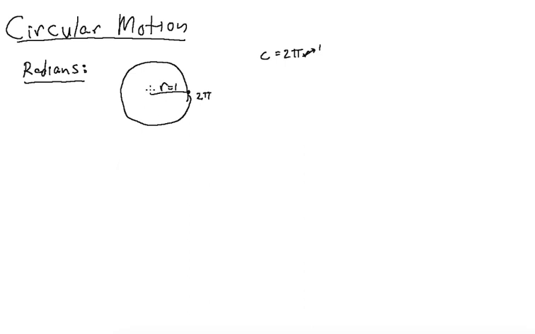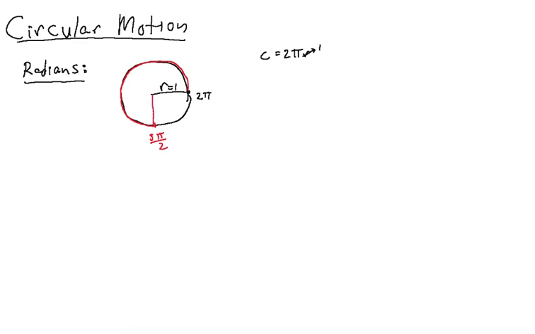And then we could say, if we walked 3/4 of the way around the circle, that would be 3/4 of 2 pi, right? So that's 6 pi over 4, or 3 pi over 2. That would be how far we walked around that way.